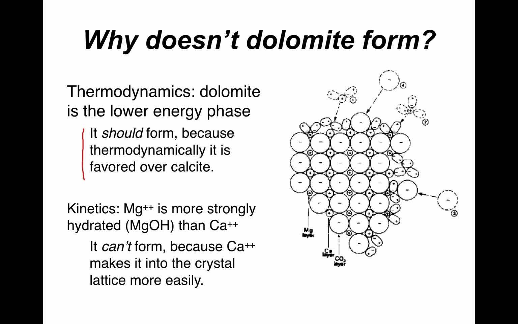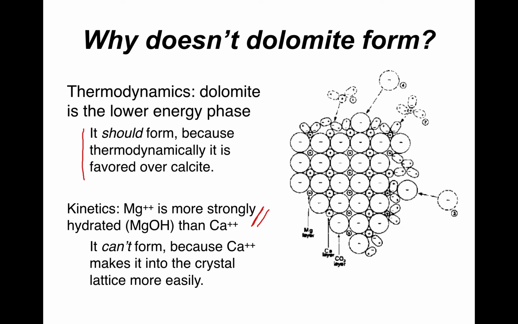Calcium is a pretty big ion, and magnesium, being lower on the periodic table, is a lot smaller. For that reason, it's smaller and lighter, and it's more tightly held to water. It's hydrated. The calcium ion, being heavier and larger, is less hydrated than magnesium, so calcium ends up bonding with carbonate much quicker than magnesium can.